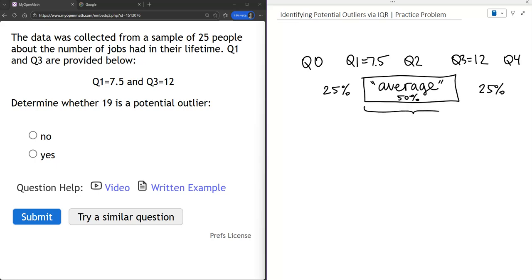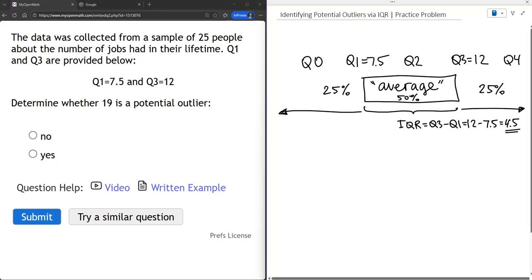IQR defines how big this is. So IQR is simply Q3 minus Q1, and in this case it will be 12 minus 7.5, which is 4.5. So this is how big the middle class is. Now, an outlier is something that is too far below the average or too far above the average.